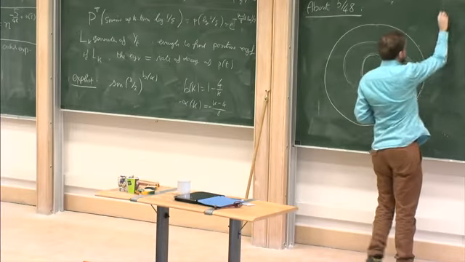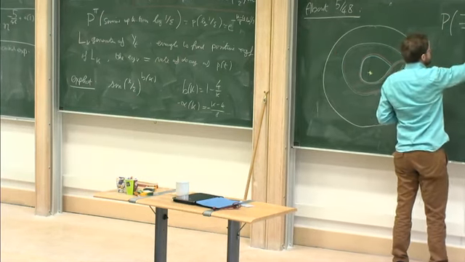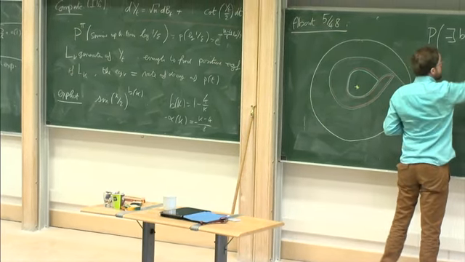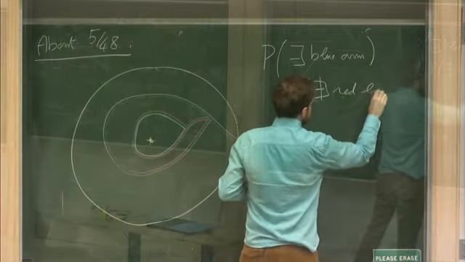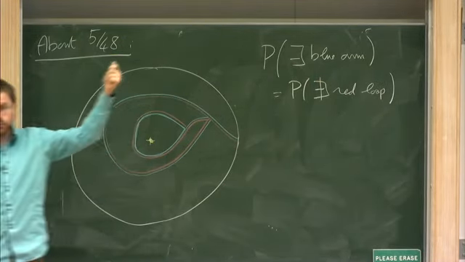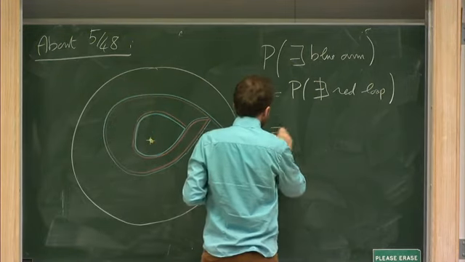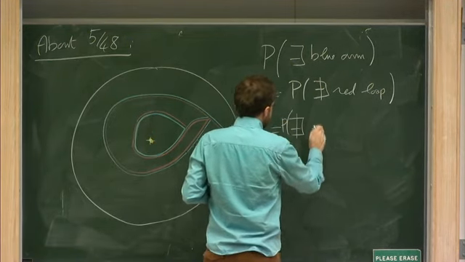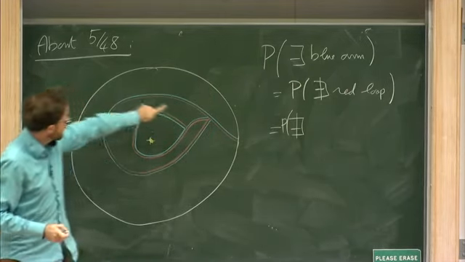But now if you want to look at the probability that there is a blue arm, this is the probability that there is no red loop. Because of the duality in percolation, the only thing that can prevent a blue arm is the presence of a red loop. And you can check that the red will be counterclockwise. So there is no counterclockwise loop in the exploration.